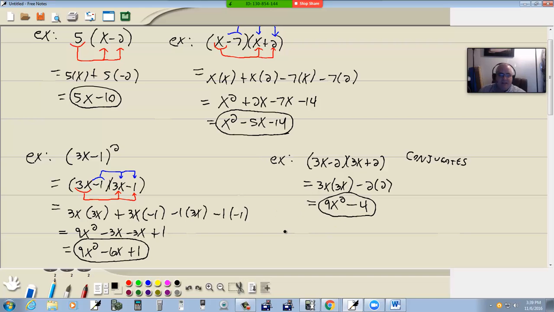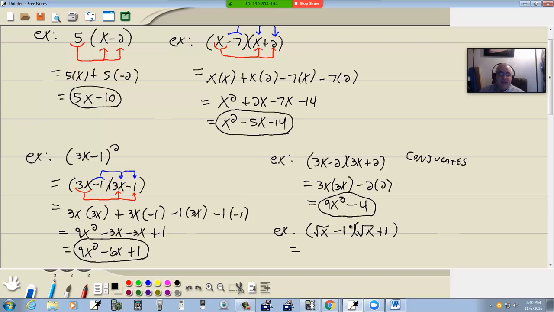Now we're going to see this in a couple other places in mathematics. I was very vague in defining what I meant here. I said first is the same. I didn't say first terms. It doesn't have to be terms. If I had, for example, square root of x minus 1 times square root of x plus 1, notice the first parts are the same: square root of x, square root of x.